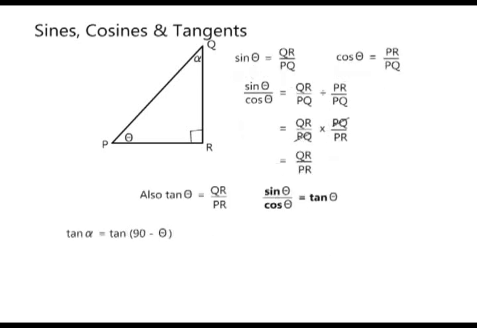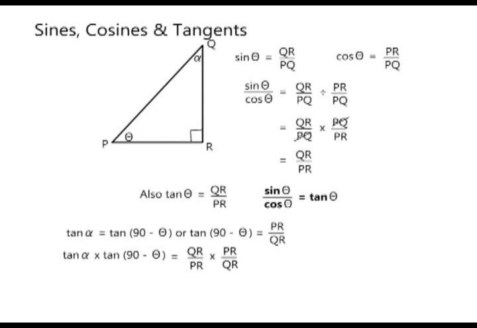Tan alpha is equal to tan 90 minus theta, or tan 90 minus theta is equal to PR over QR. Multiplying these two tangents, we get tan alpha times tan 90 minus theta is equal to QR over PR times PR over QR, which gives us 1. And therefore tan theta times tan 90 minus theta is equal to 1.